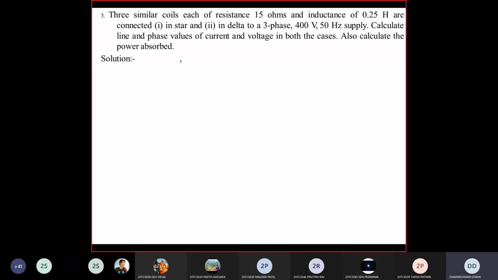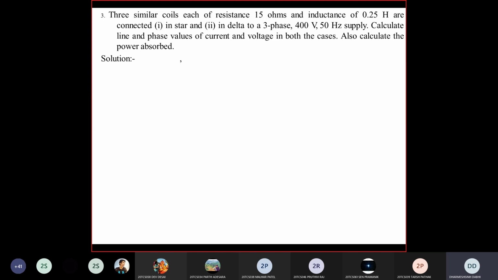Here the line voltage is given, VL is equal to 400 volt. So phase voltage is line voltage 400 divided by root 3, that is 230.94 volt. Clear?